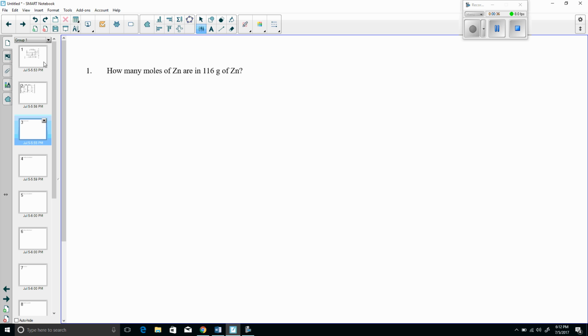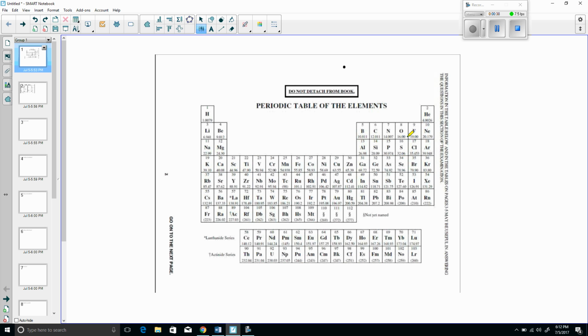zinc. In order to do this, we need to use our periodic table. So on the periodic table, we can go over here and we find zinc, right? And zinc is atomic number 30, but what we're really interested in is the atomic mass, or the molar mass, is what we're going to refer to it as for zinc, and it is 65.39.